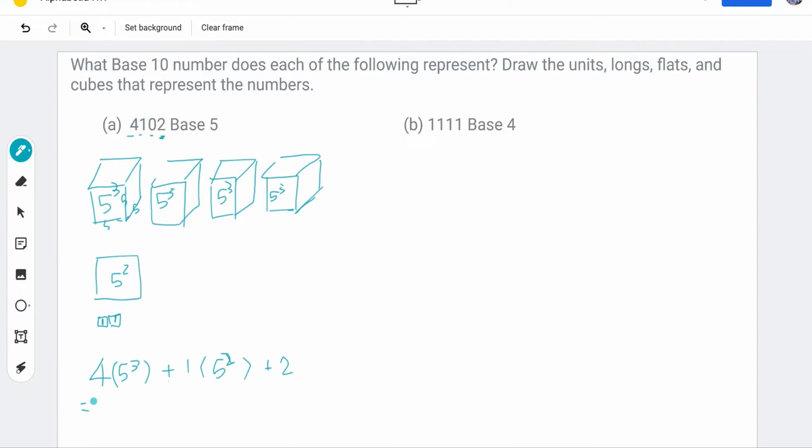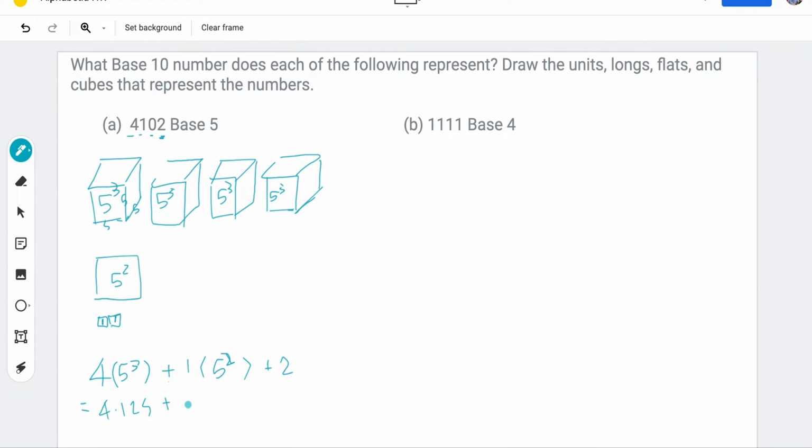So in total, what is 5 cubed? Is that 125? Right, so 125 times 4. What is 125 times 4? I want you guys to calculate that while I'm writing these. 1 times 5 squared. 5 squared is 25.